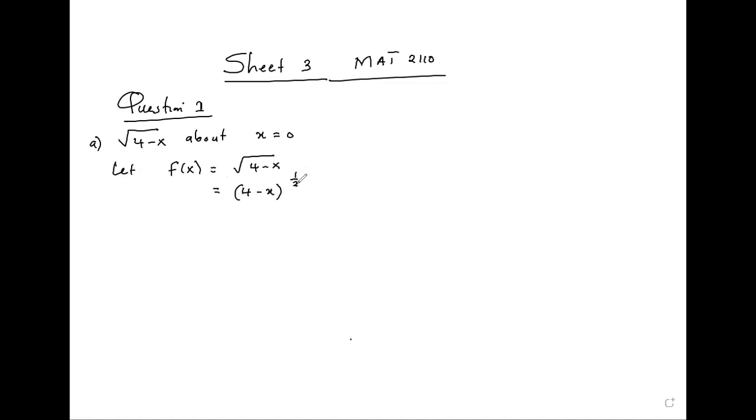And then to linearize, we need the function f of a plus f prime of a and then x minus a. Meaning that we must find the derivative of f. So what is f prime of x? So f prime of x is going to be half 4 minus x to the power negative half multiplied by negative 1.